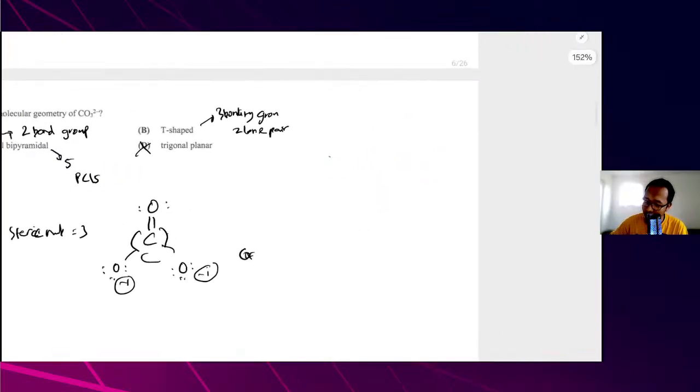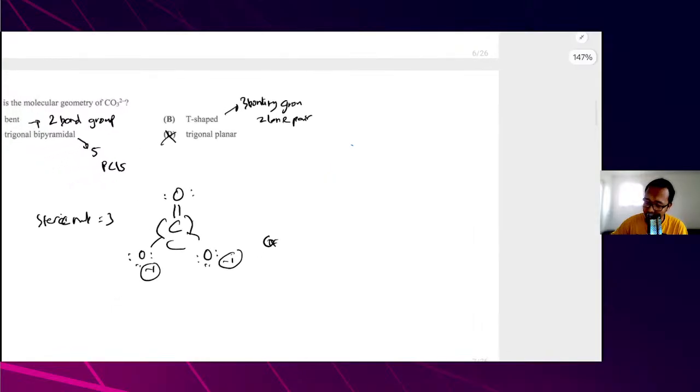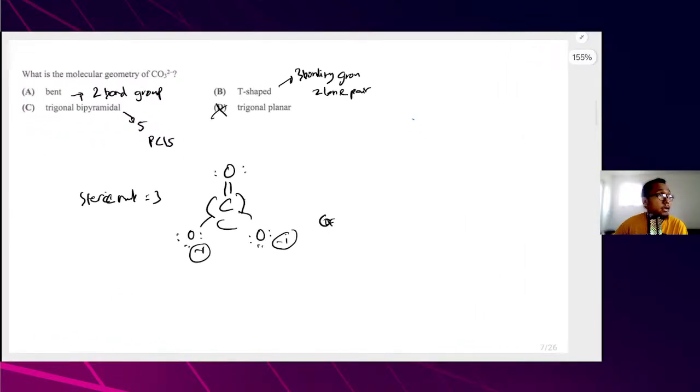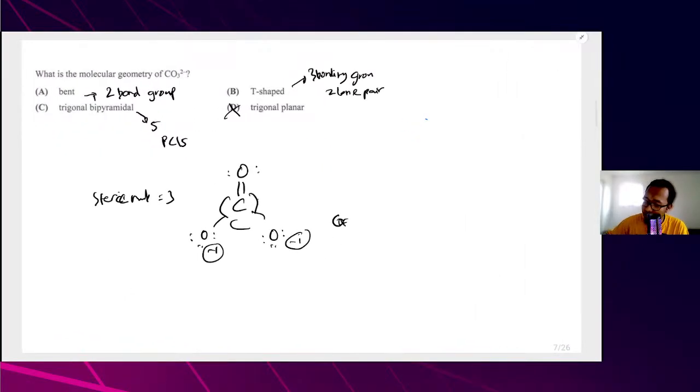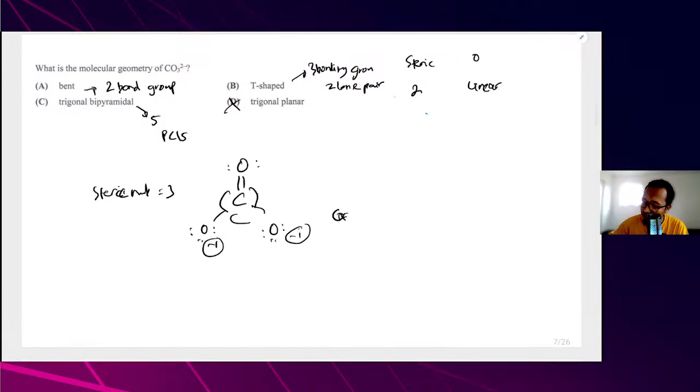First, if the steric number is 2, it will be linear, with zero lone pair. If the steric number is 3, and then no lone pair, it will be trigonal planar.